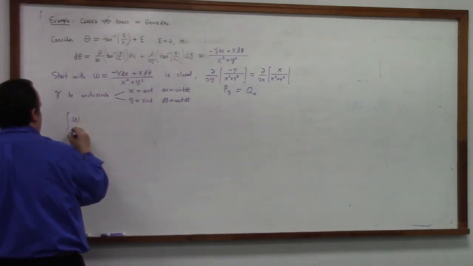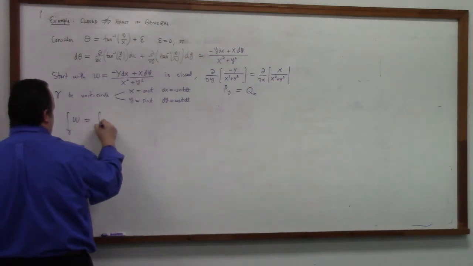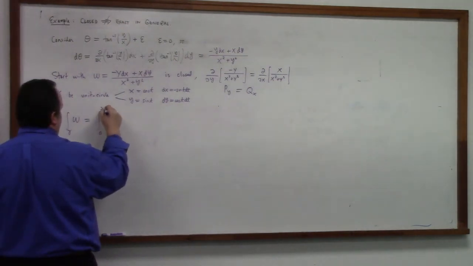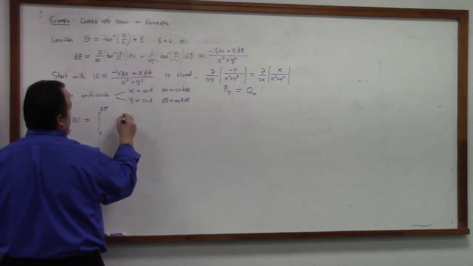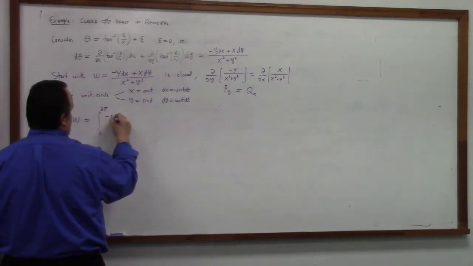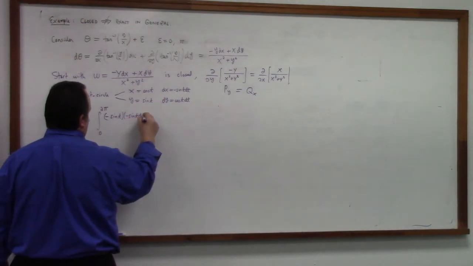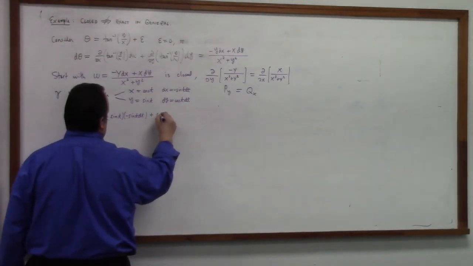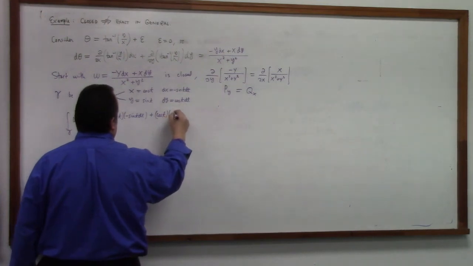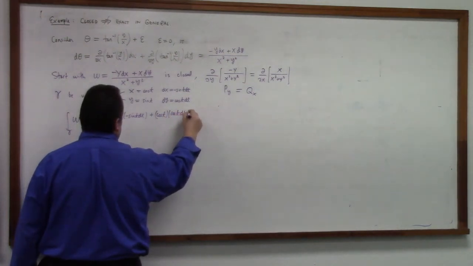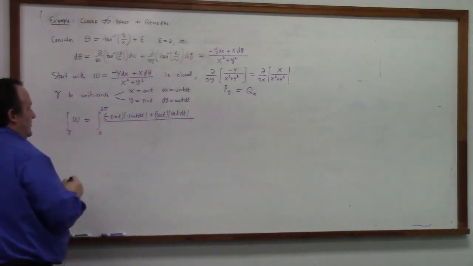The integral of omega over the unit circle is going to be the integral from 0 to 2 pi, right? Let's see here, minus y is minus sine t times minus sine t dt plus cosine t times cosine t dt, divided by x squared plus y squared.